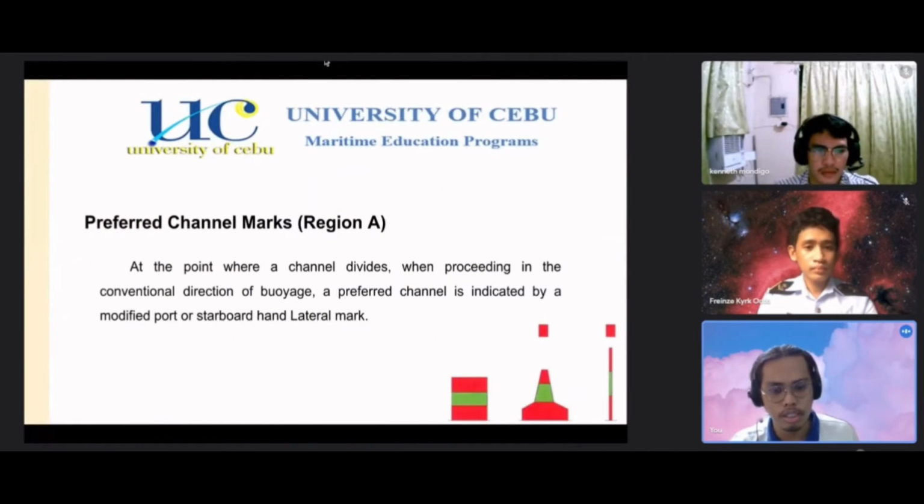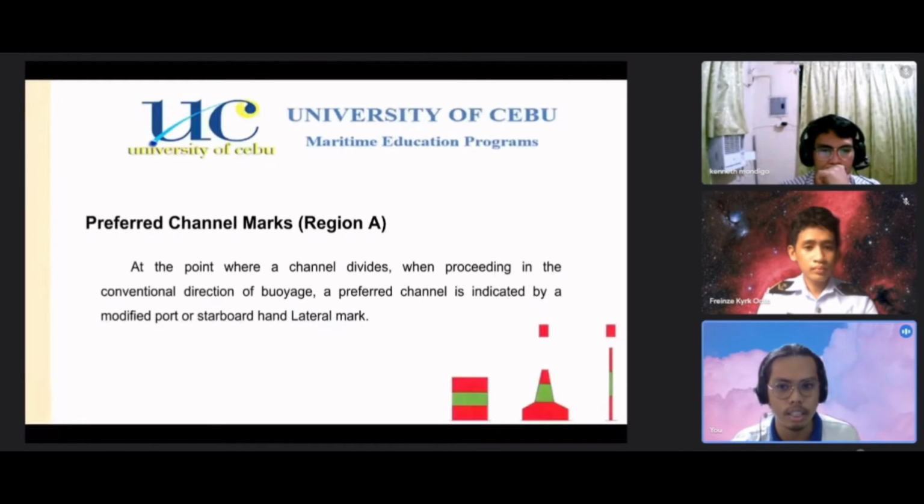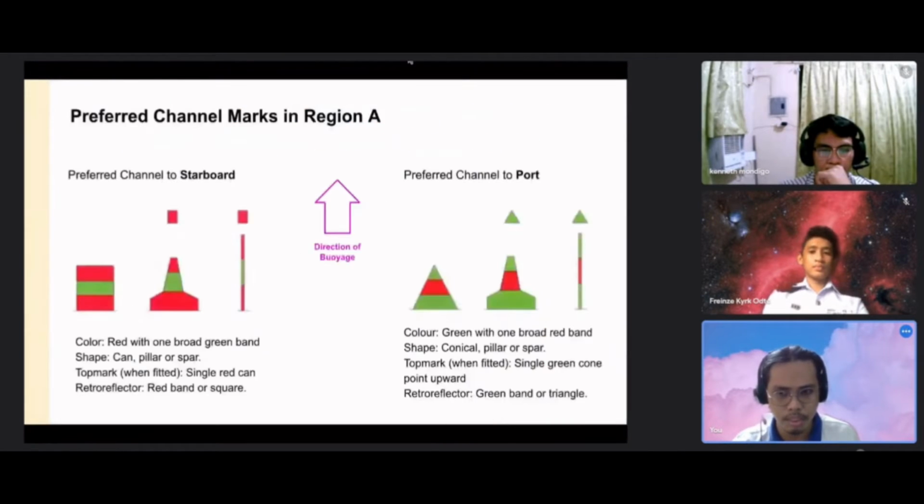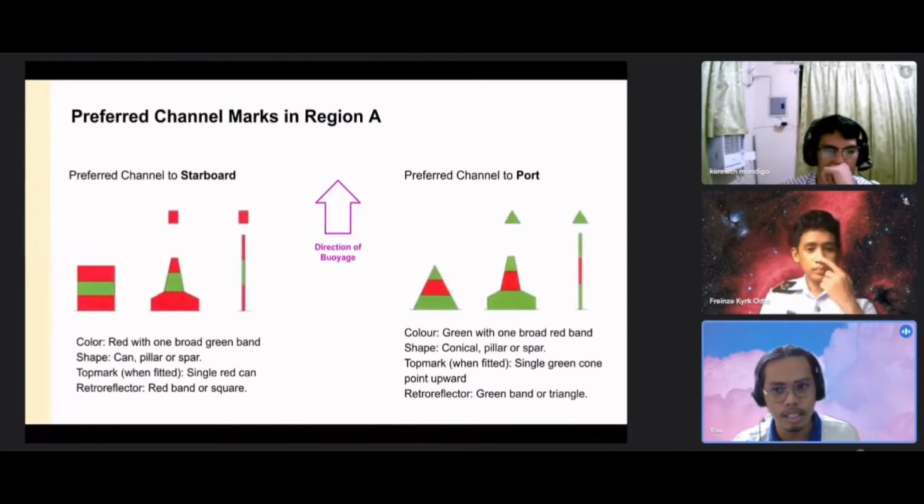Preferred channel marks, Region A. At the point where the channel divides when proceeding in the conventional direction of voyage, a preferred channel is indicated by a modified port or starboard hand lateral mark. On the left-hand side, we have the preferred channel to starboard.